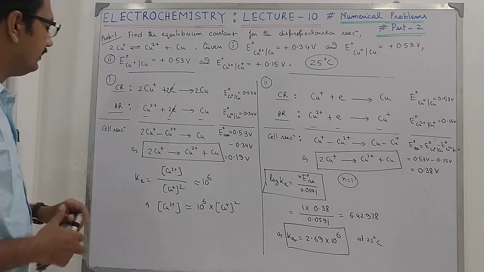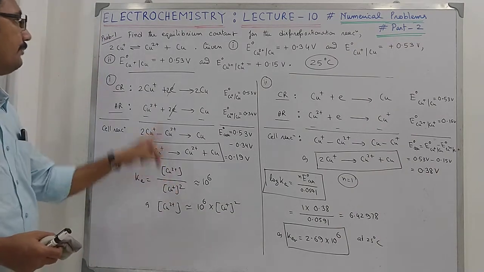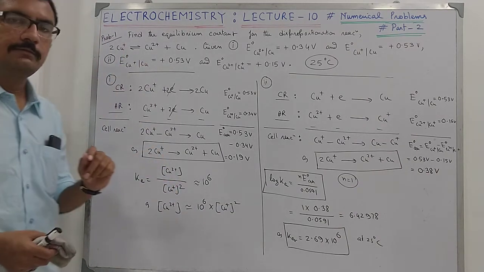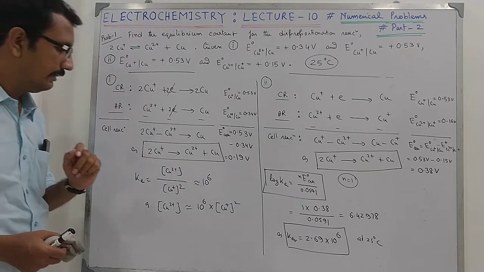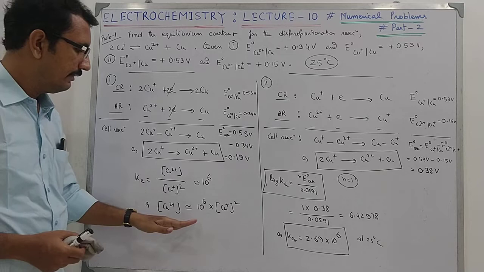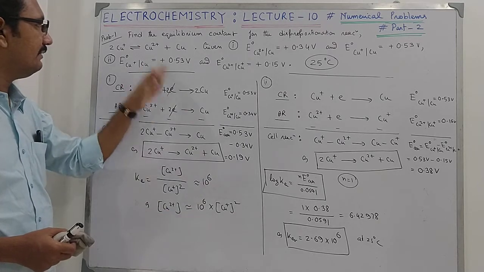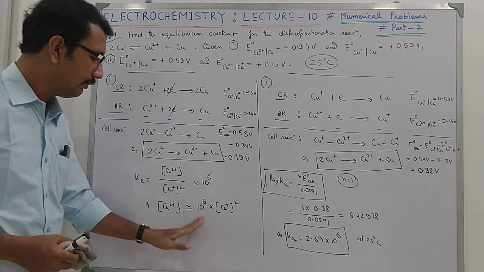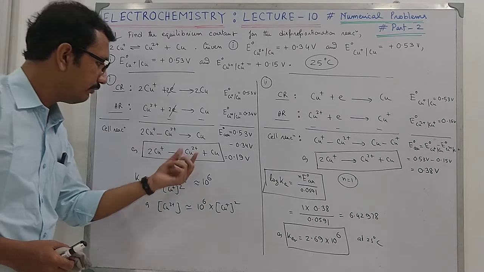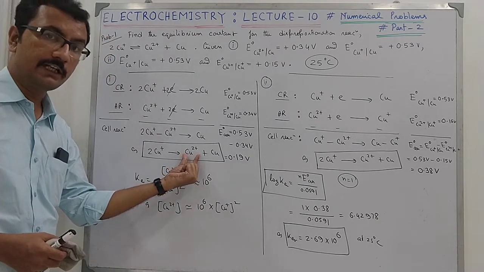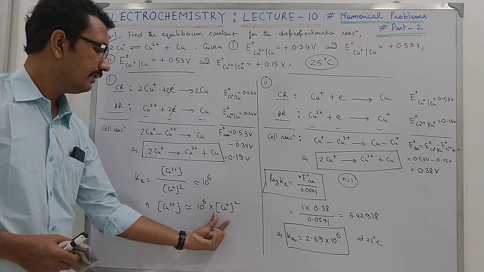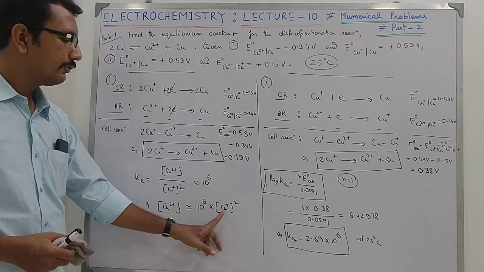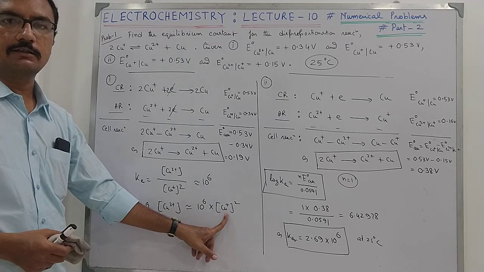So, you have started with Cu+. You have started with Cu+, and when you get the equilibrium, you are noticing that the amount of product formed after attainment of equilibrium is a million times greater than the square of the concentration of the reactant.